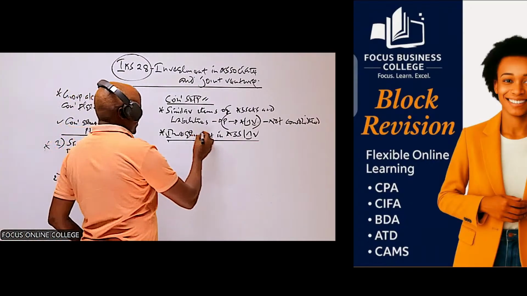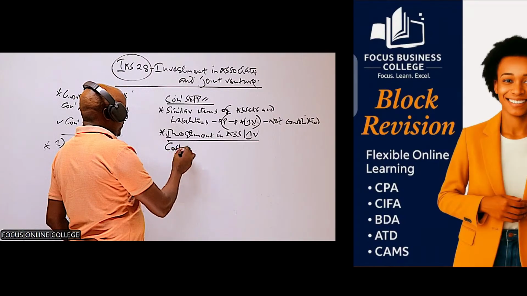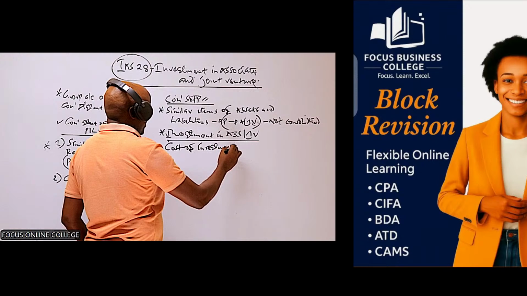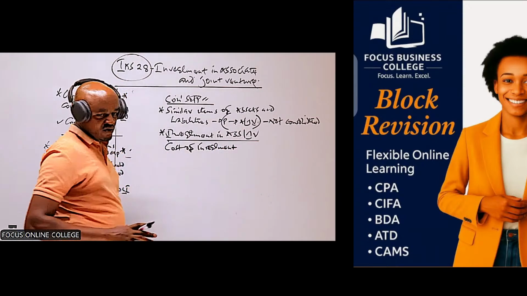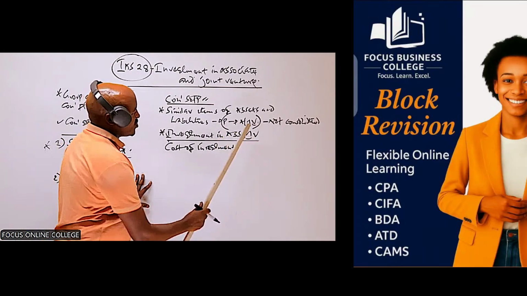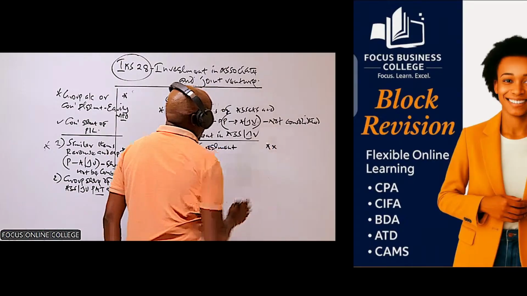To compute the investment in associate or the investment in joint venture, we start with the cost of investment. Basically, this is the purchase consideration which was paid by the parent company in acquiring the shares of the associate or the joint venture. So how much purchase consideration was paid?